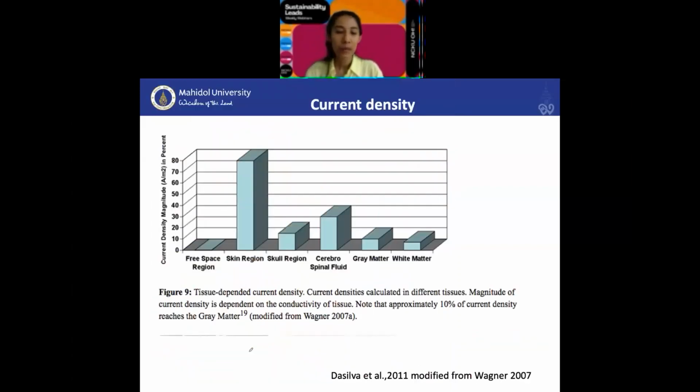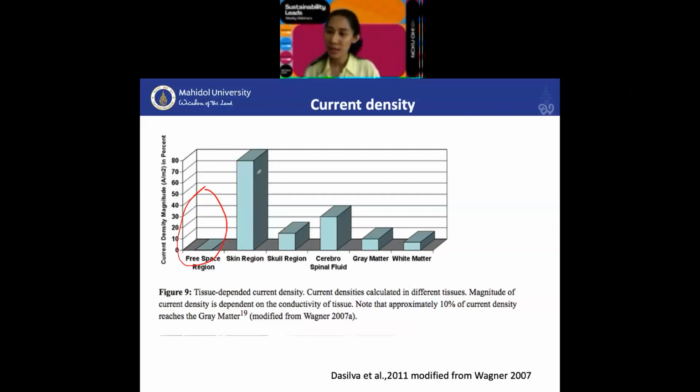Okay, let's have a look at which areas tDCS can go through. Remember, tDCS cannot pass free space regions. That's why when you apply tDCS, you need to firmly attach the electrode over the skull. If there are any free space regions, the current cannot pass through. All right?